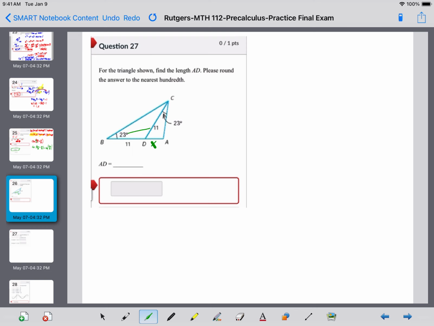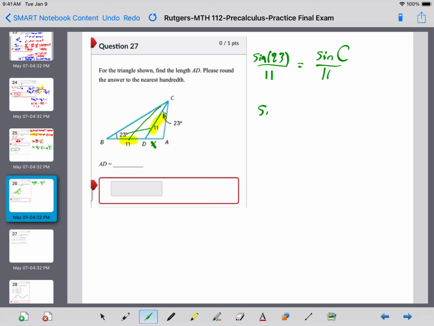You have 11 and C. So you could use your law of sines. Sine of 23 over 11 equals sine of C over 11. Because this is isosceles. It's 11 and it's 11, right?